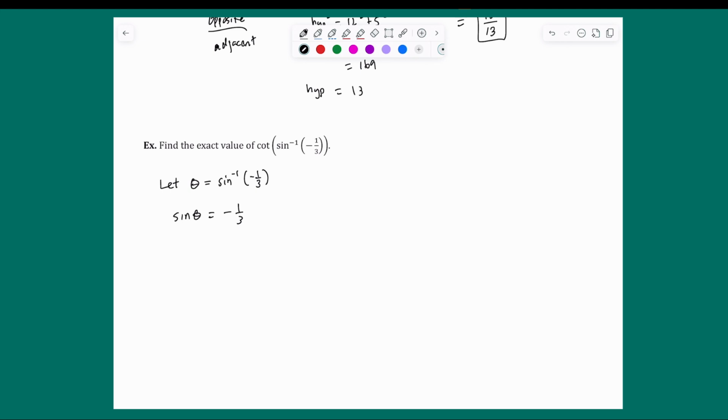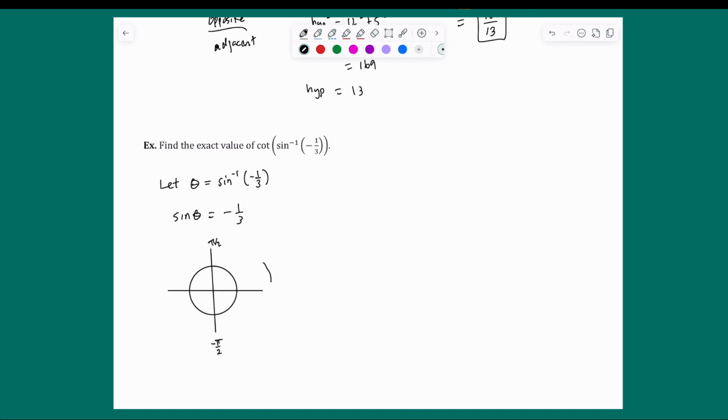Instead of using a triangle, we can think of this as the unit circle. So imagine you have a unit circle. We know sine inverse is going to spit out an angle between negative pi over 2 and pi over 2.